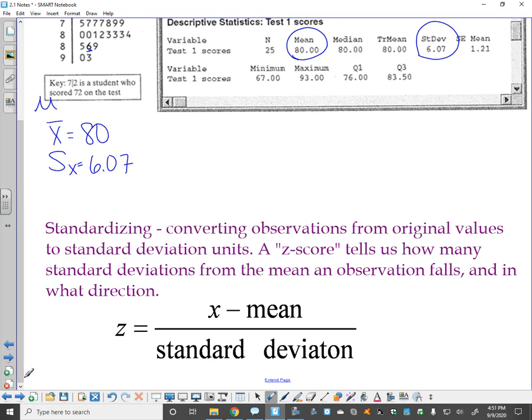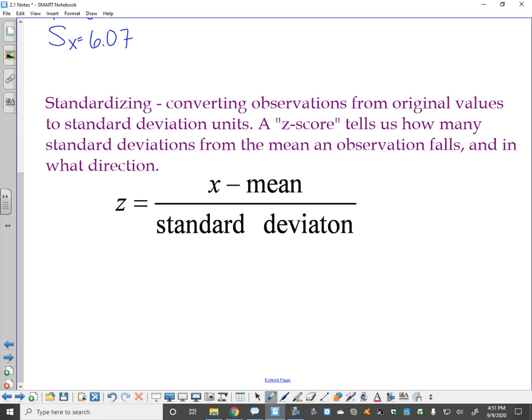But I can standardize that. Like I can put a value on that, and that's what a z-score is. Okay, this is the part that's really important. Standardizing: converting observations from their original values, her 86, to standard deviation units. A z-score tells us how many standard deviations from the mean an observation falls and in what direction.